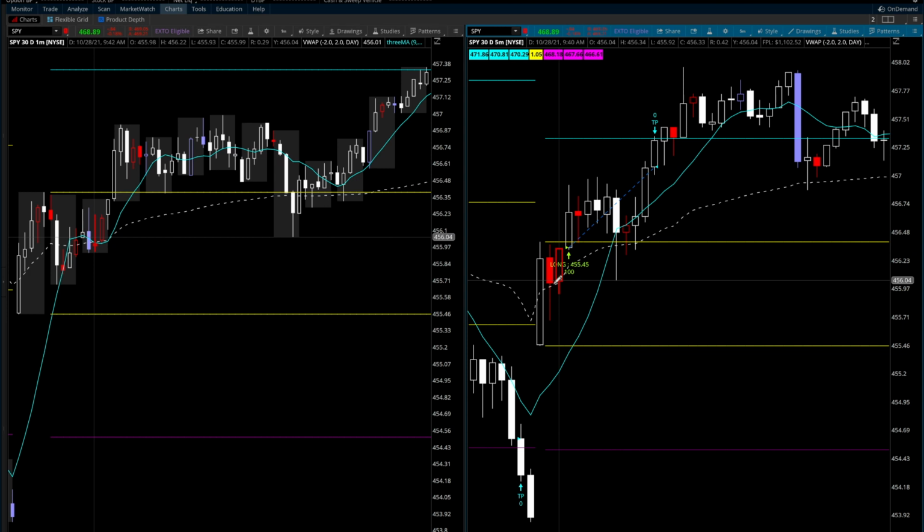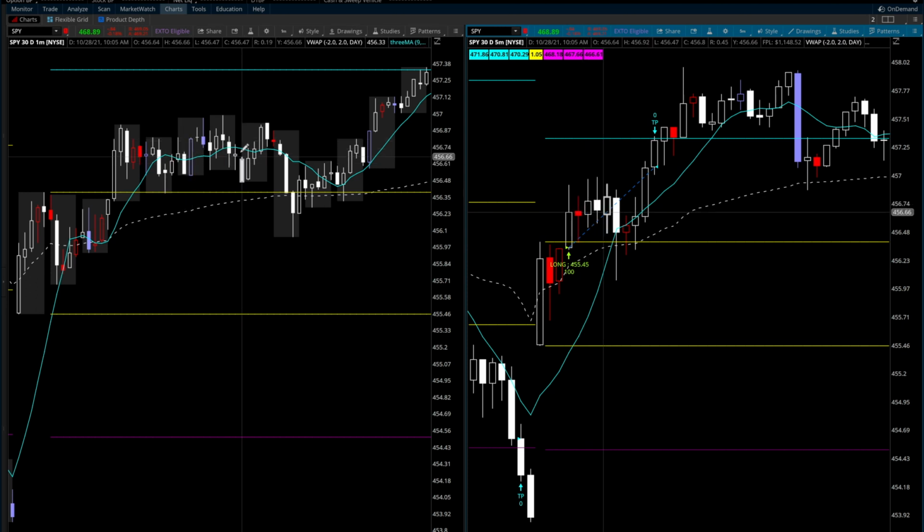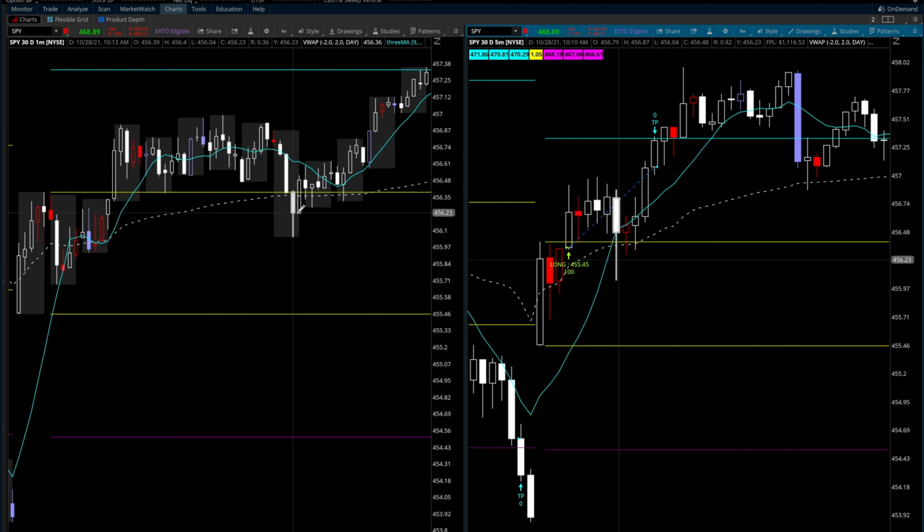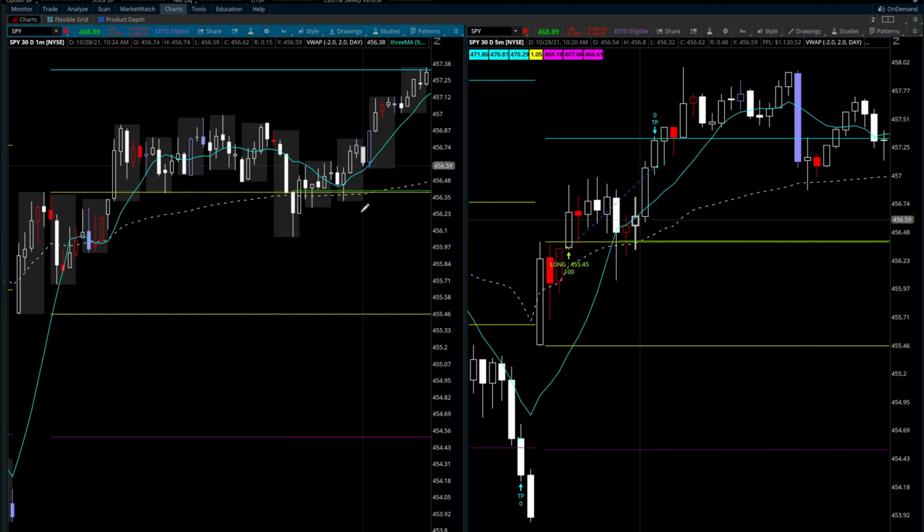So here we have your long signal, and then this is fairly high above the opening range high. This is also pretty high, and then you get your triangle layout, your entry right here, just above opening range high.